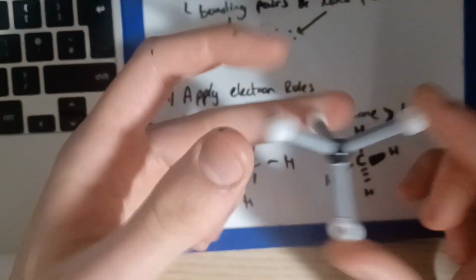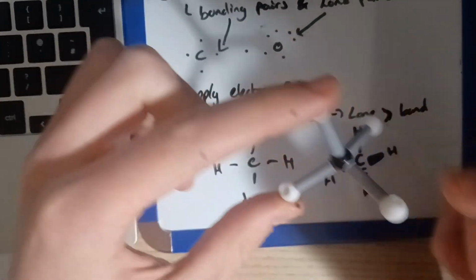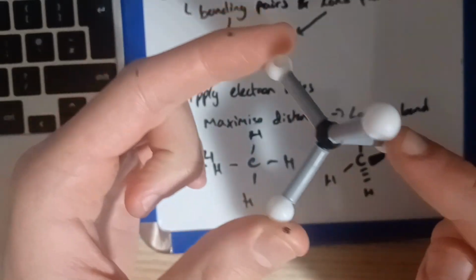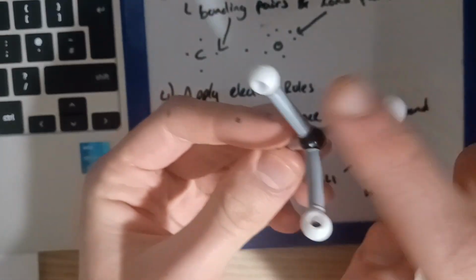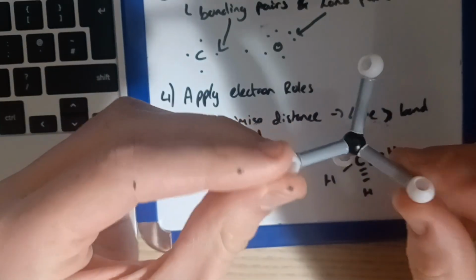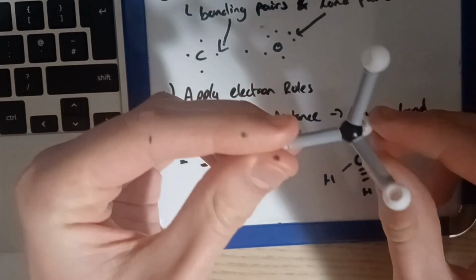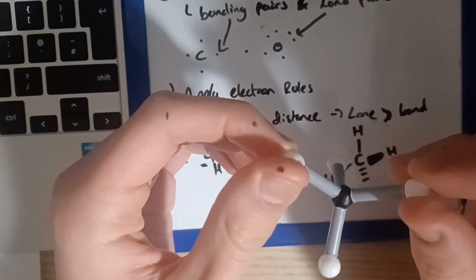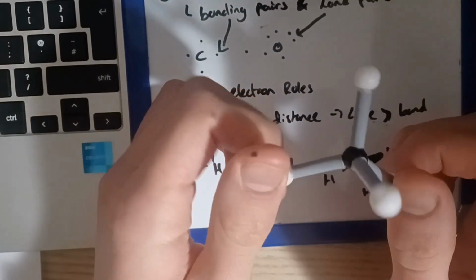And as you can see, all of these are the same distance away from each other. So from here to here is exactly the same as here to here, as the electrons are the furthest away from each other, making this molecule stable.